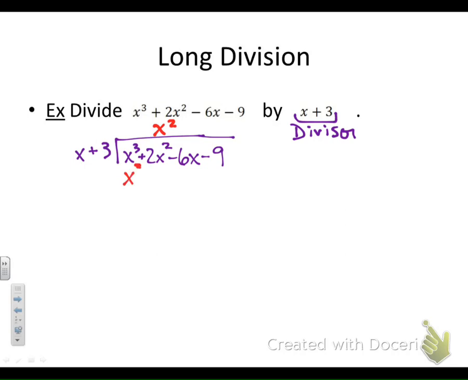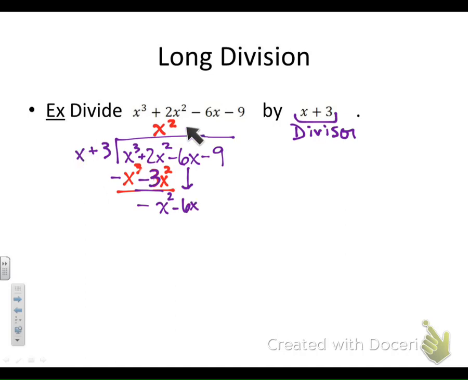This gets me x cubed plus 3x squared. But I need to recognize that I need to change these signs, so change both signs. So I get negative 1x squared, and I'm ready to bring down the next term.